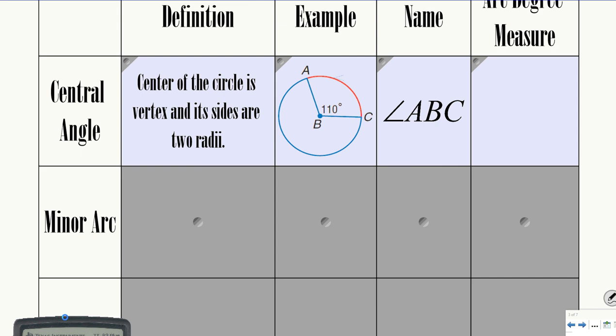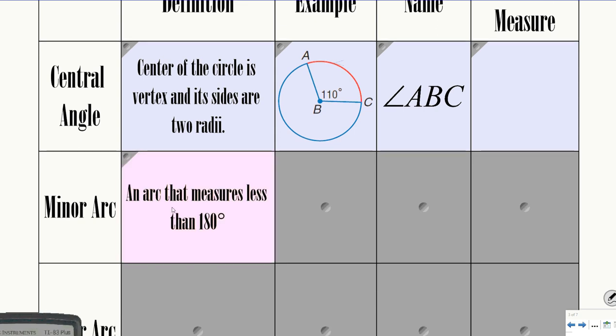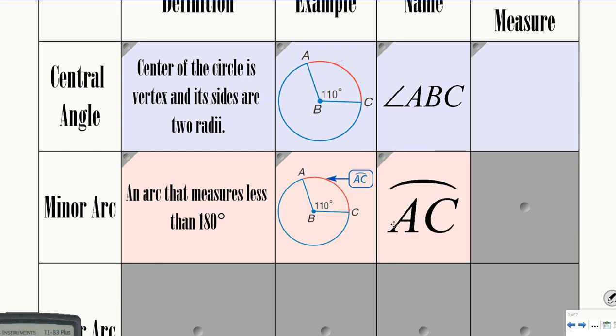When we start talking about minor and major arcs, a minor arc is an arc that measures less than 180 degrees. So what an arc is, looking at that same figure, the arc is actually the measure of going around the circle. So from A to C. Notice that the symbol here, we have that little curved symbol above it to note that's an arc.